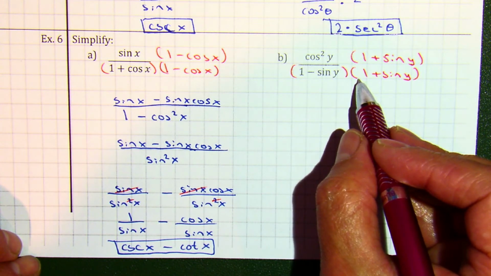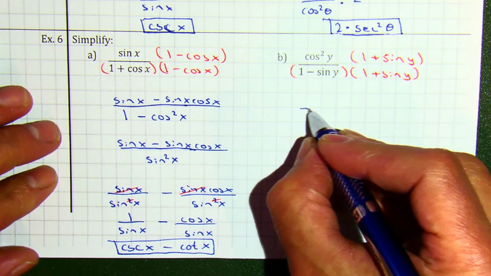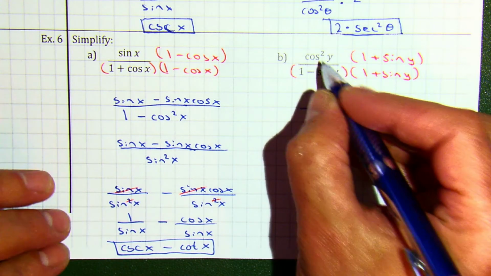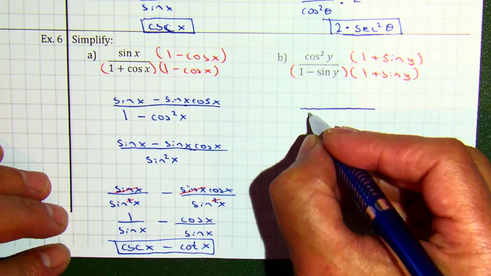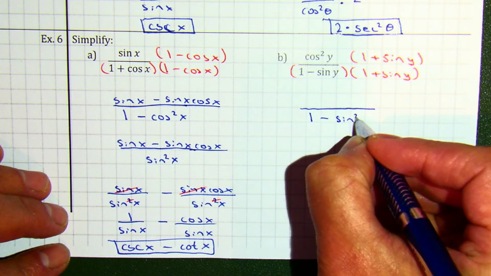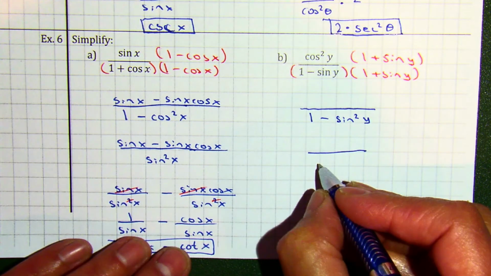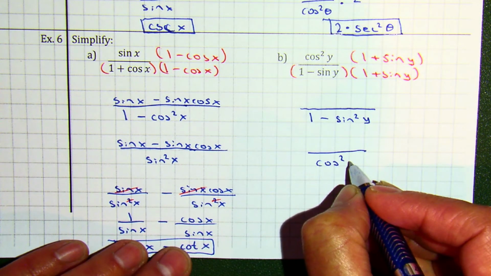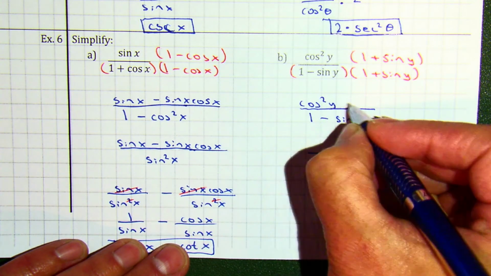I'm not going to multiply my numerator yet, because I have a cosine square of y. So you want to think ahead. It gives you 1 minus sine square of y, which becomes cosine square of y. That's why I'm not going to multiply it out, because that's going to cancel out.